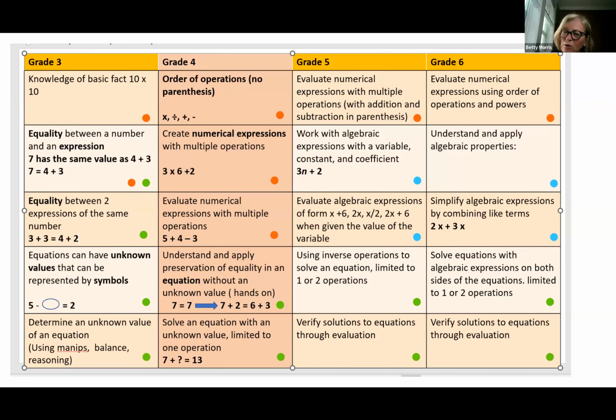So the grade 4 students will become comfortable with the order of operations and working with 2 or 3 operations at once with no parentheses, and then build and then build. So I think eventually it's actually going to be a good thing. And then the other colors, I won't go into them, but that shows you the algebraic expressions, which is the turquoise, and where that goes into grade 5 and 6, and then all, of course, the equations. I'll just go to the next one.